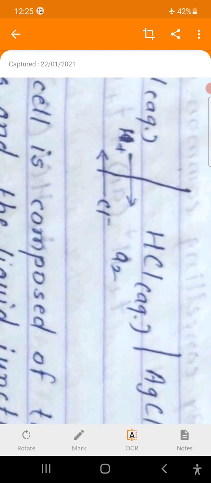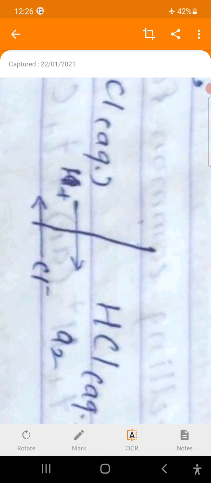Therefore the Cl minus ion concentration in this A1 activity solution decreases, which leads to an increase in the concentration of H plus, and those H plus ions migrate towards the adjacent HCl solution having activity A2.